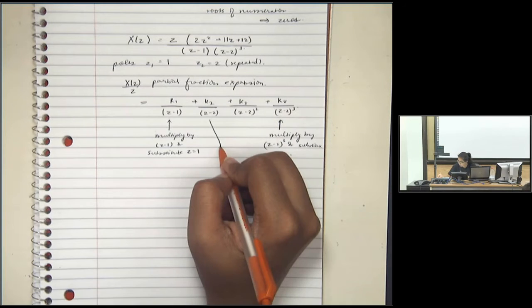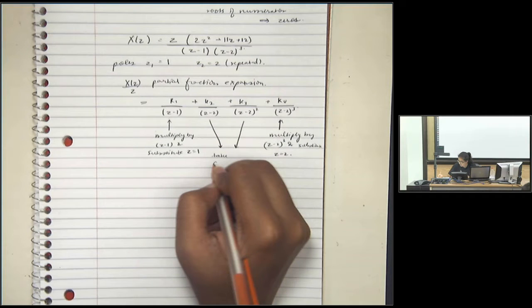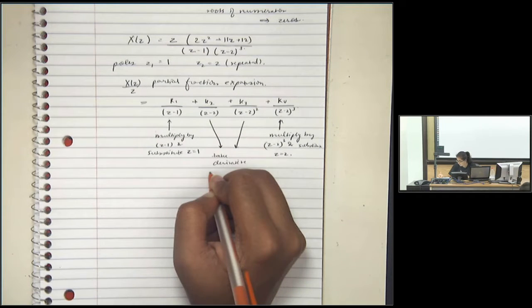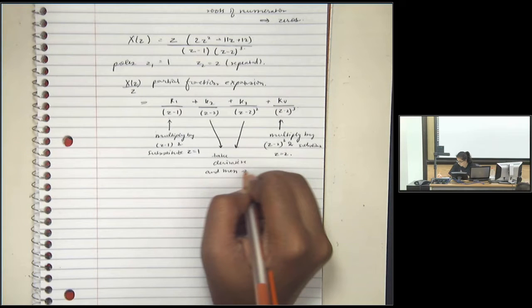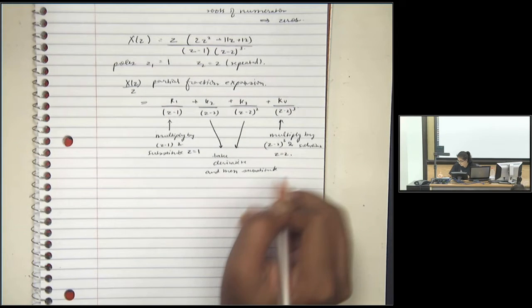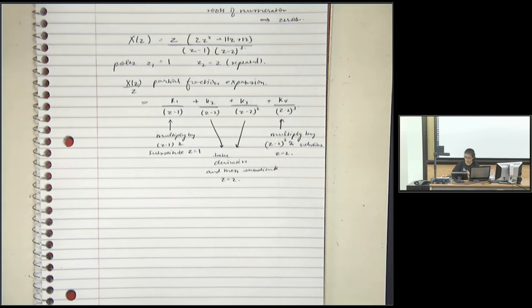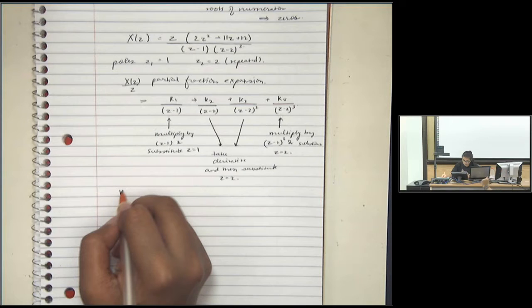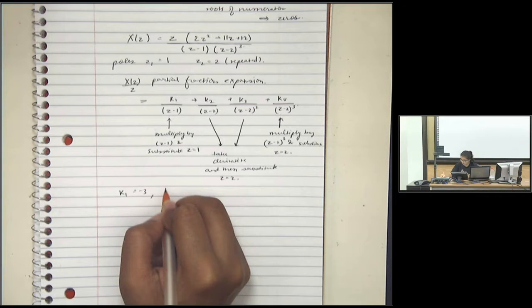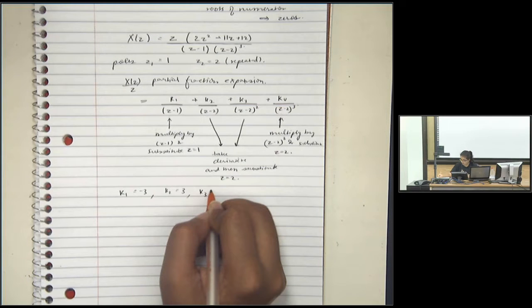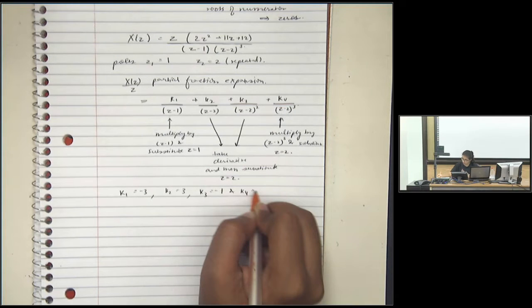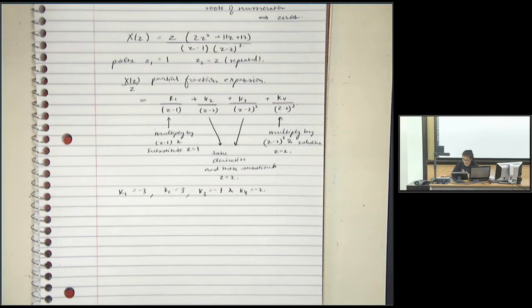Then for k2 and k3 we'll take the derivative and then substitute. Now through this method we'll have k1 equal to minus 3, k2 equal to 3, k3 equal to minus 1 and k4 equal to minus 2.